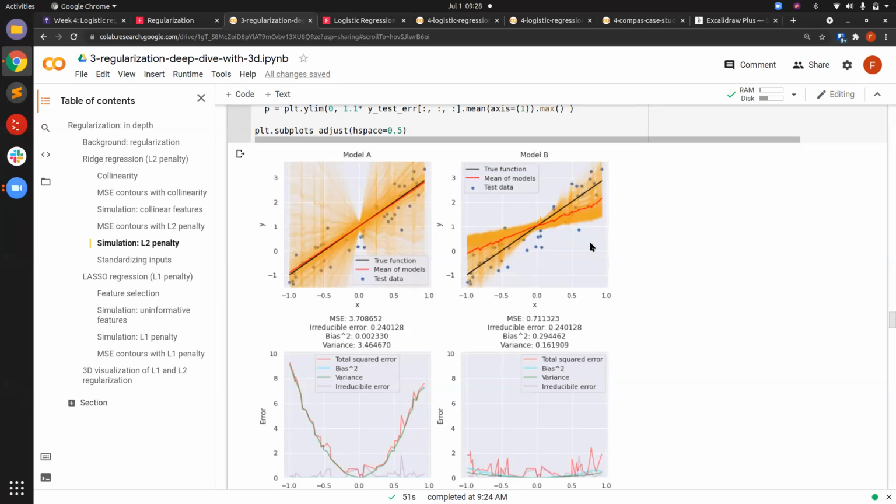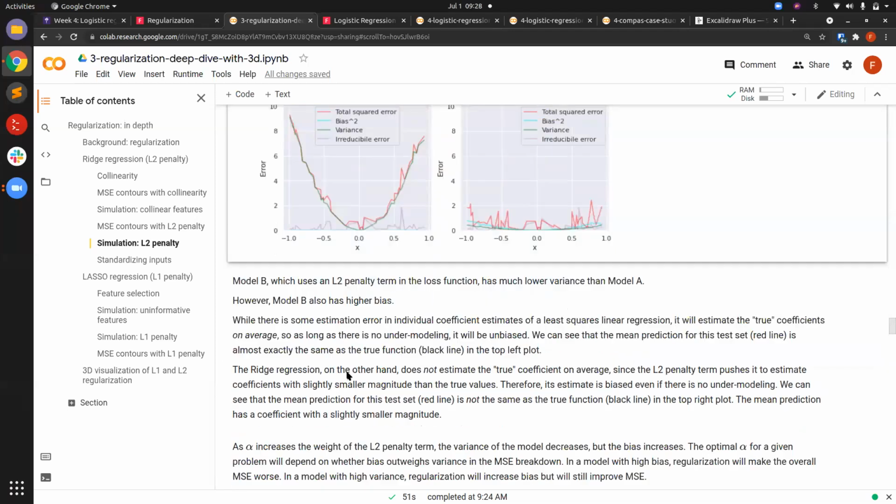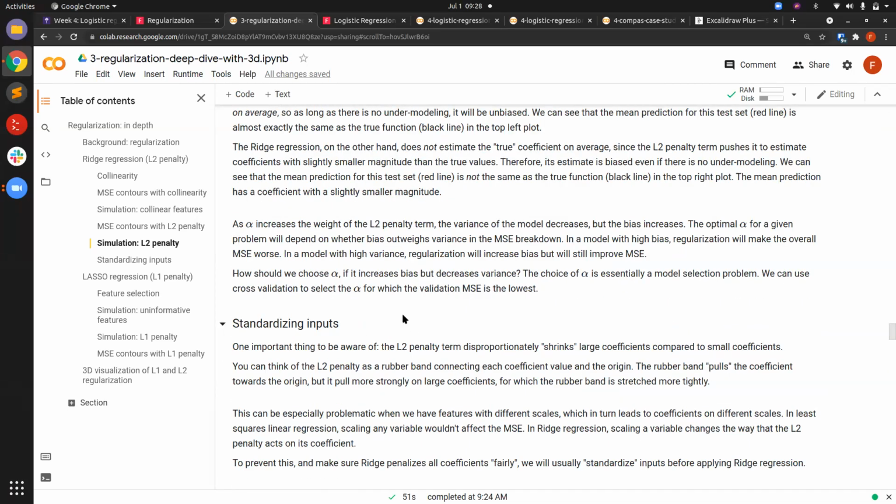So this is a very difficult thing for people to wrap their heads around. Why on earth would you want a model with systematic error? But you can see that in some cases it really helps. Now, I mentioned in the lecture that we have to standardize inputs before using a regularized regression.